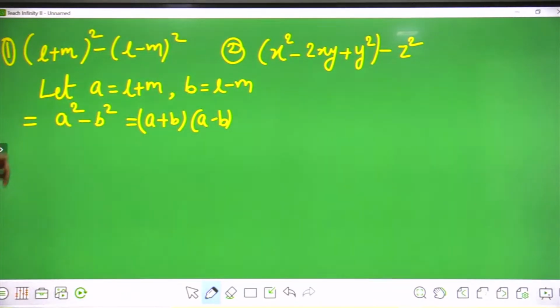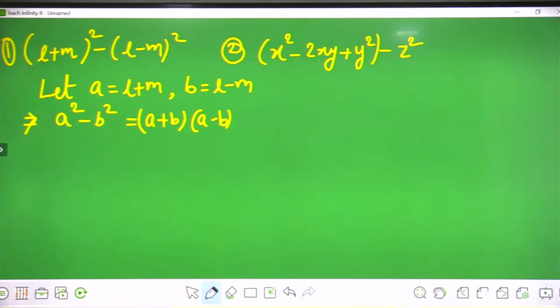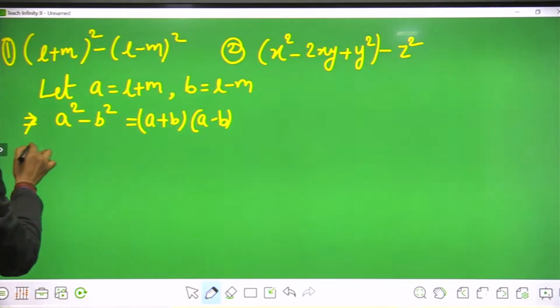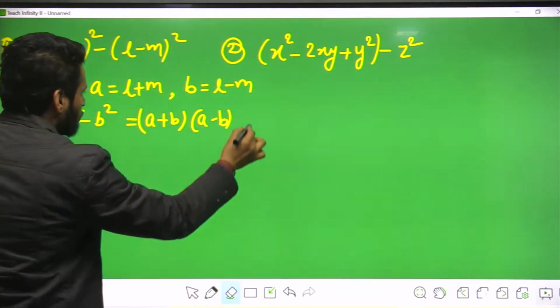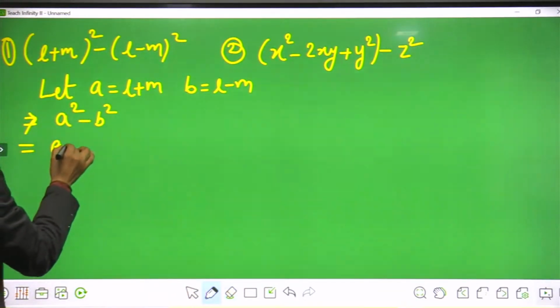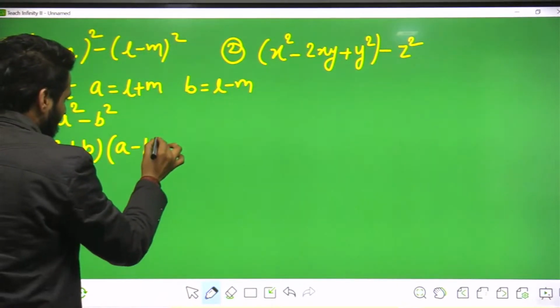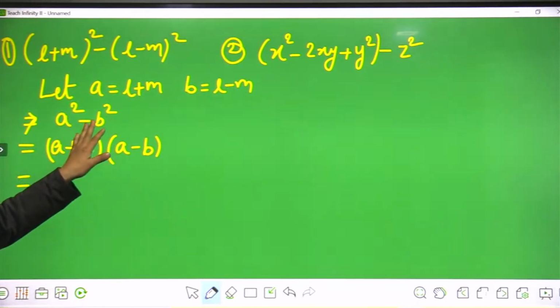Okay, when we are using the equal sign, then we can use this sign also. The question is already in this form, so we get the answer in that form. You should write it like this: a plus b and a minus b. You know very well this is the solution of this identity.